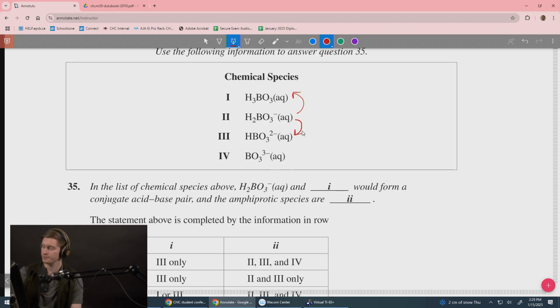I'll do the acids in red, but the conjugate acid-base pair that could be formed first is the boric acid acting as the acid and this dihydrogen borate ion acting as the base. Or if it's acting as an acid, then the hydrogen borate ion, sorry, I forgot the charge here.